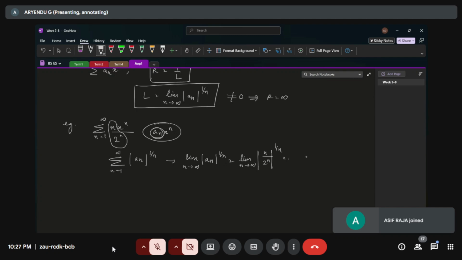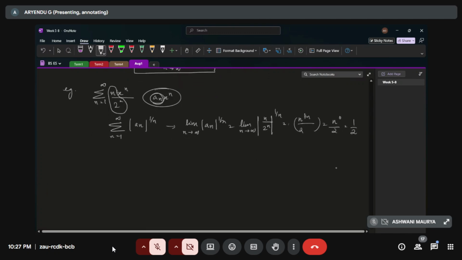So we will get n raised to 1 by n, by 2. Since n is extending to infinity, we can see that 1 by n will be 1 by infinity, which is n to the power of 0 by 2, which is 1 by 2.